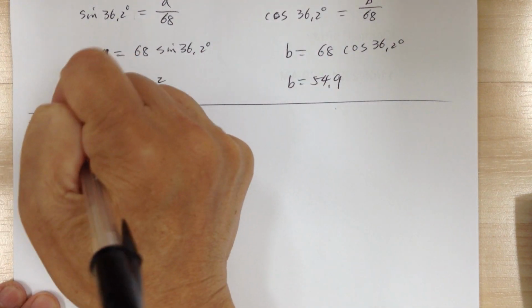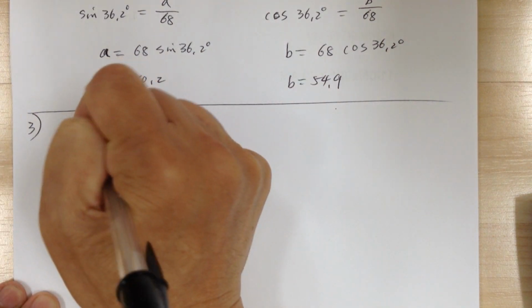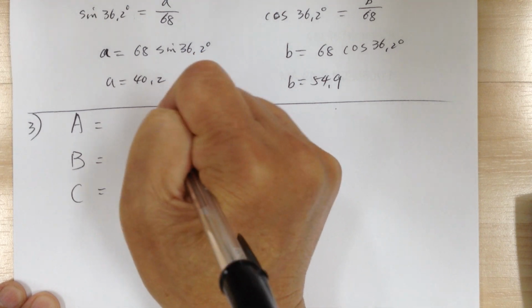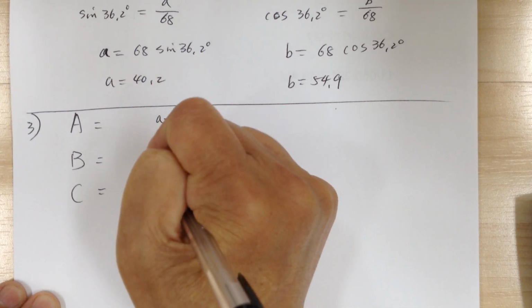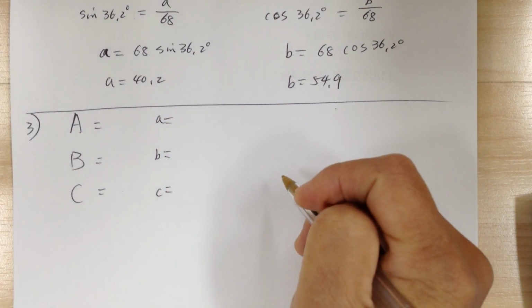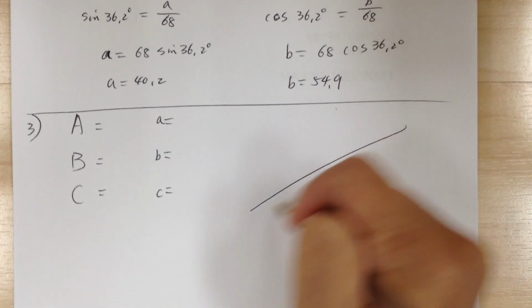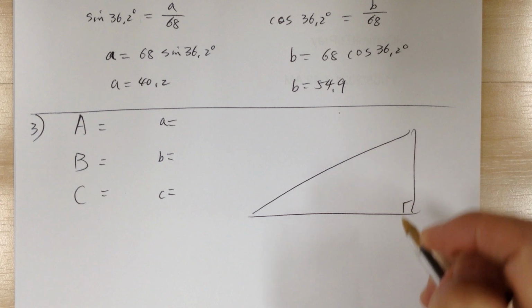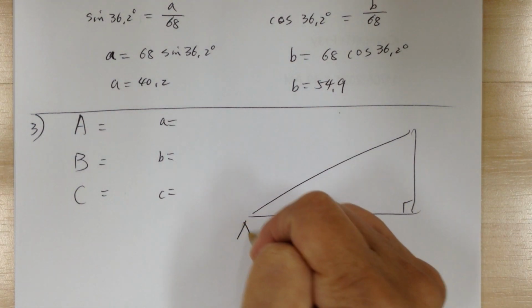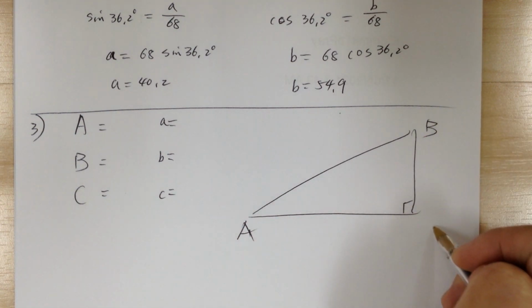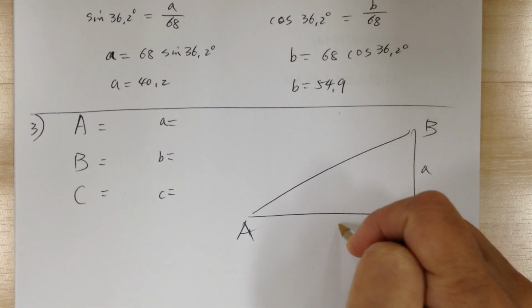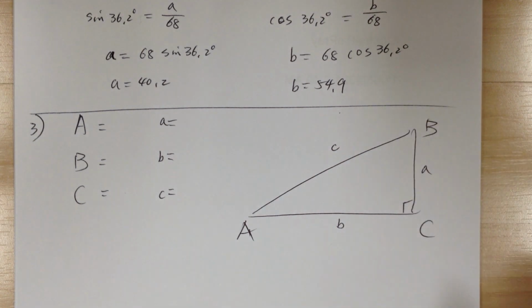Okay, number 3, again, let's go and get the ABC. Okay, so get your triangle. So you got A, B, C. So you got small a, small b, small c.